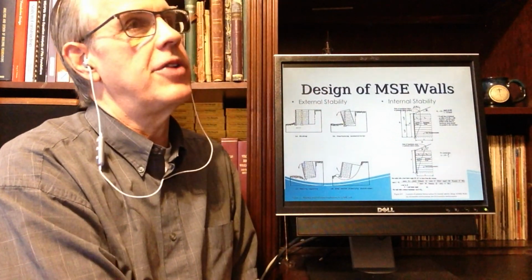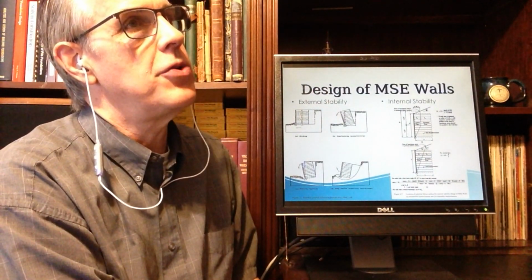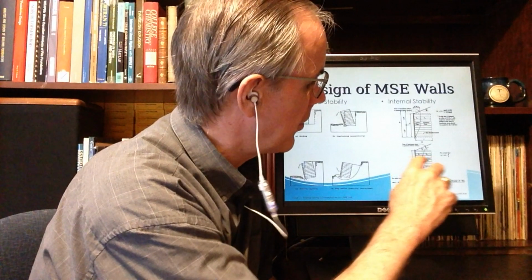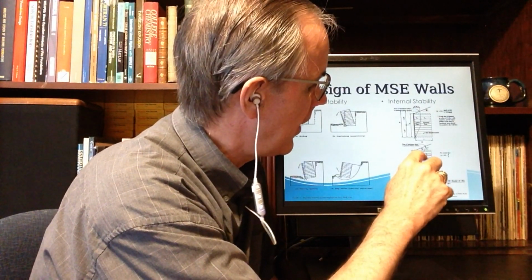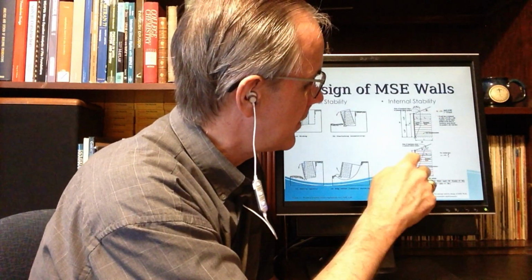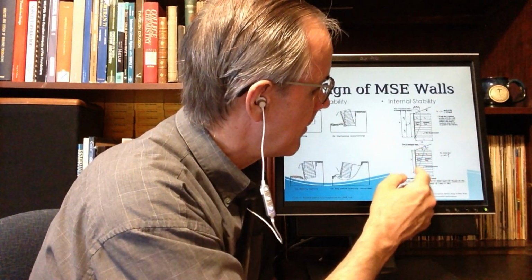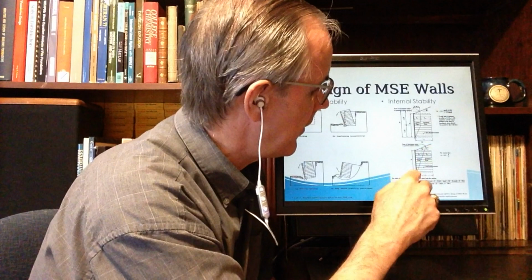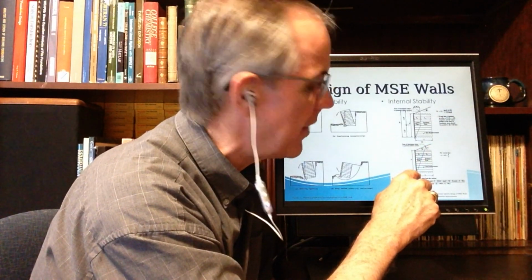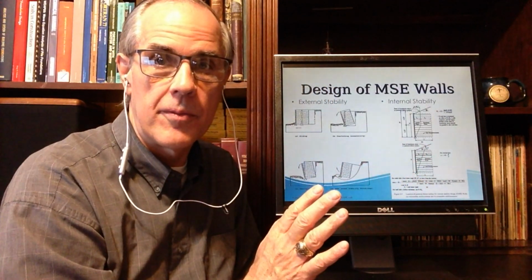And in MSE wall terminology, we have two lengths. In other words, these have a total length to them. We have this L_R. L_R is the distance at any point along the wall from the facing back to this failure surface. And obviously down here at the very base, it's 0.